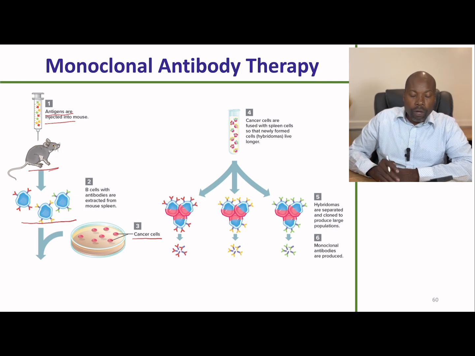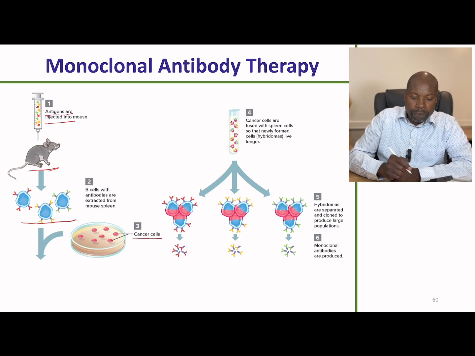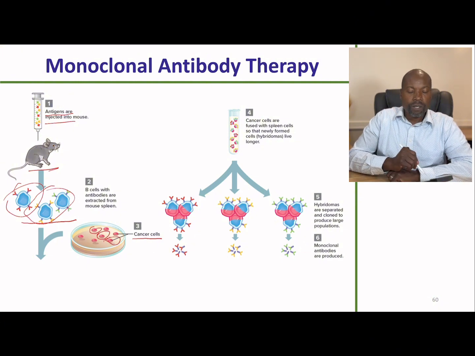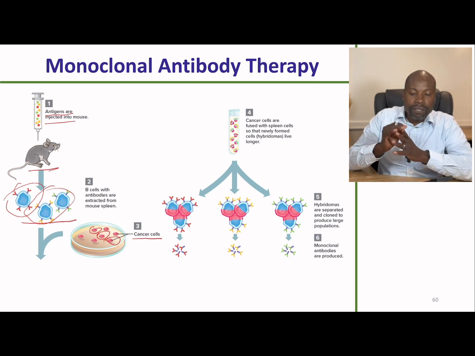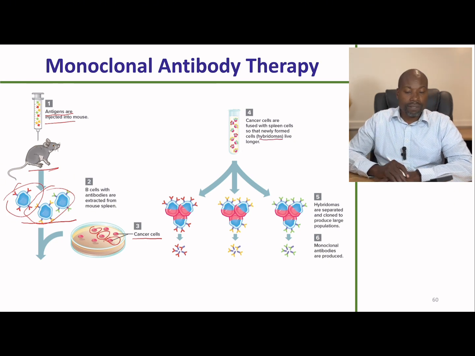So from there, we are actually going to force these B cells, right, to merge with these cancer cells, okay, to produce some hybrid cells that we call hybridomas. Hybridomas, these are hybrid cells.